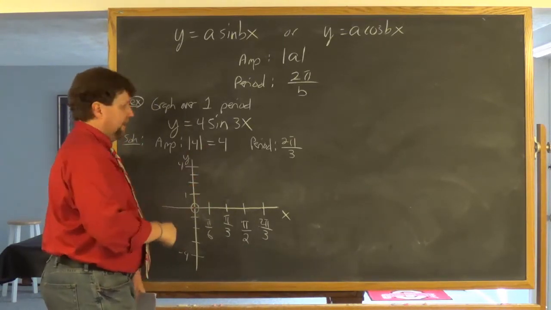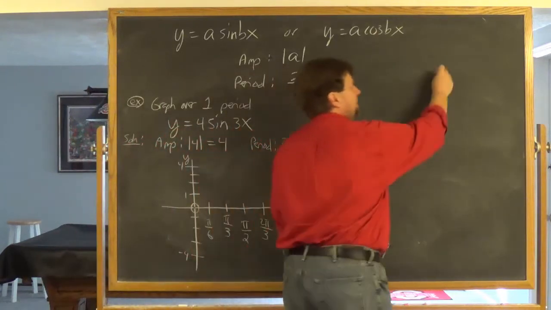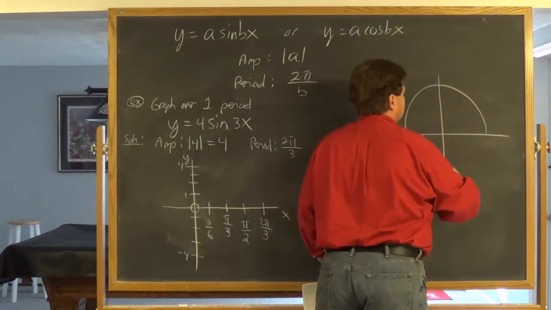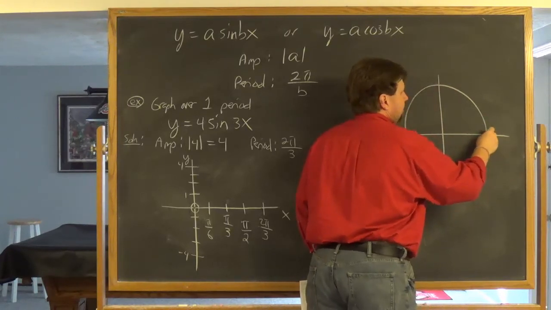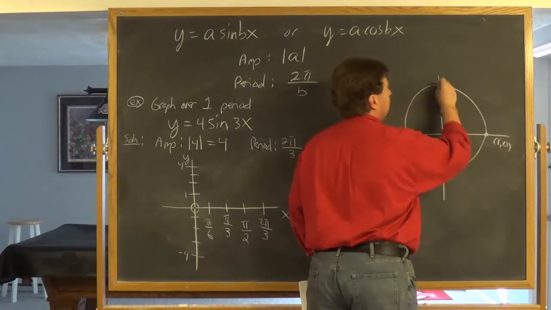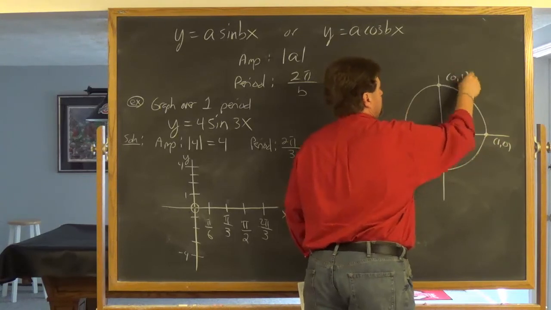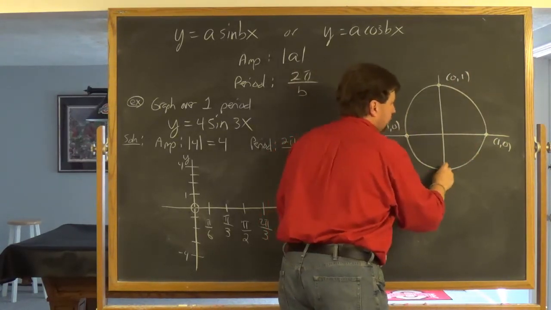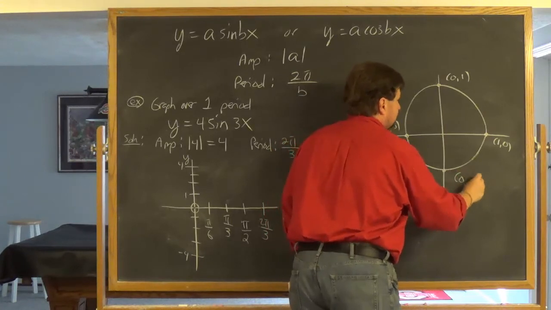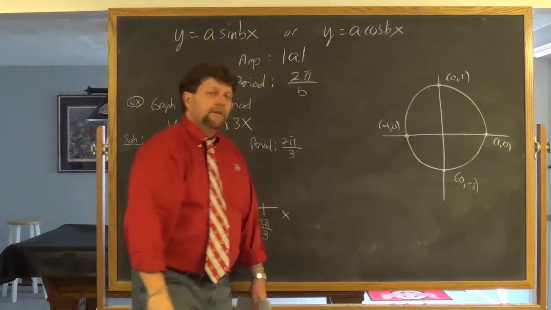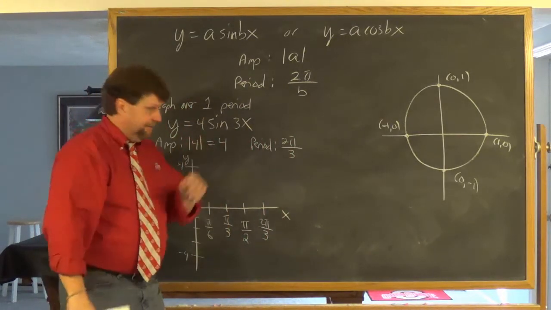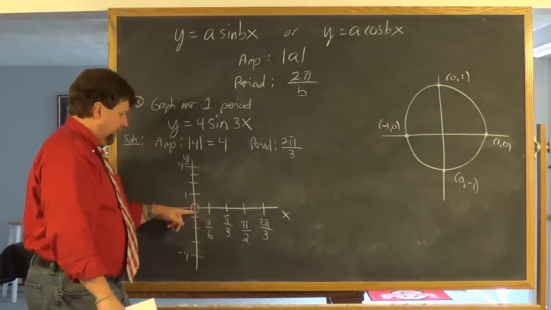But we're not there yet. So let me sketch up a unit circle one more time. I cannot stress enough how important the unit circle is. If you're going on to calculus, it's so important to know the unit circle. But here we go. Start off, going to plot points.